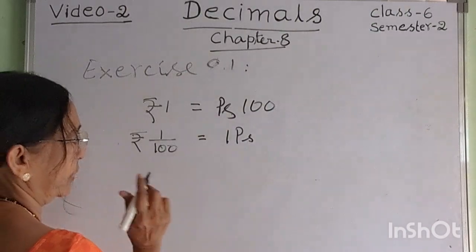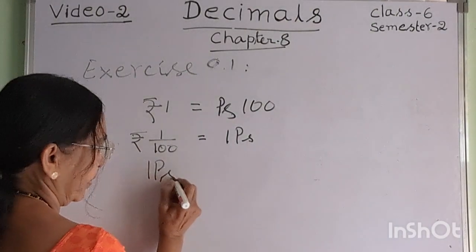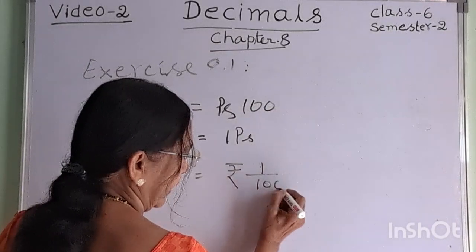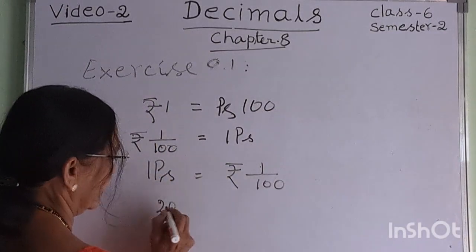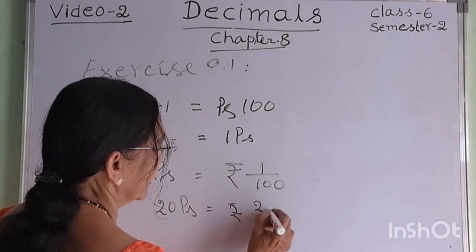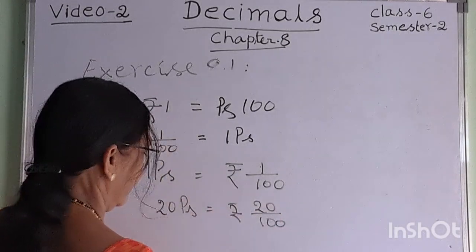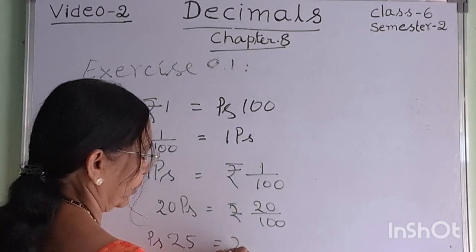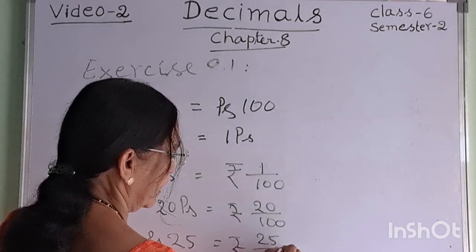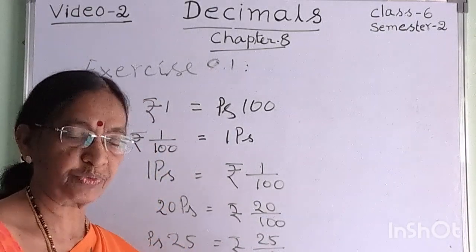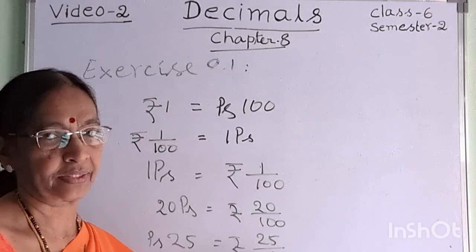Like that, 20 paise is equal to 20 by 100 rupee, or 25 paise is equal to 25 by 100 rupee. So to convert paise into rupees, we have to divide by 100.